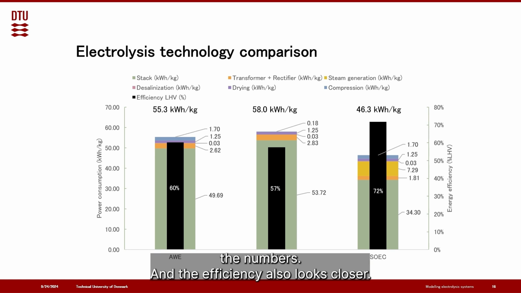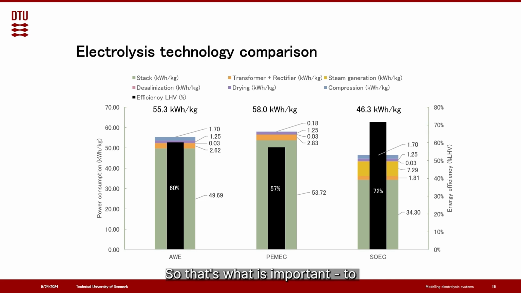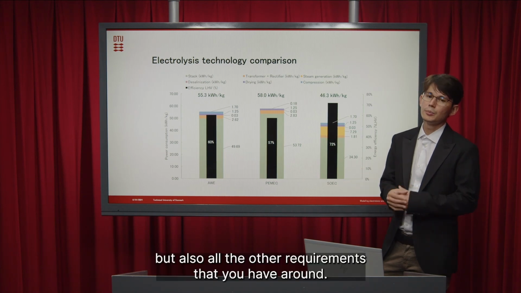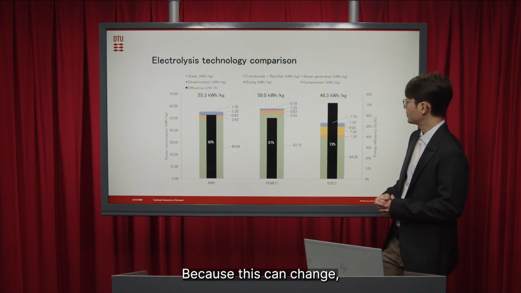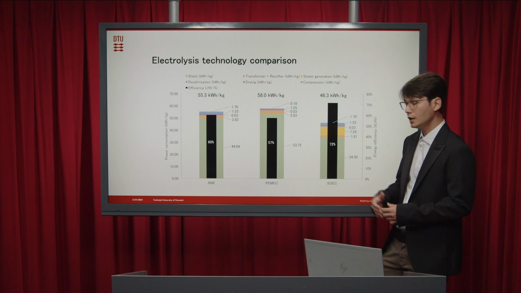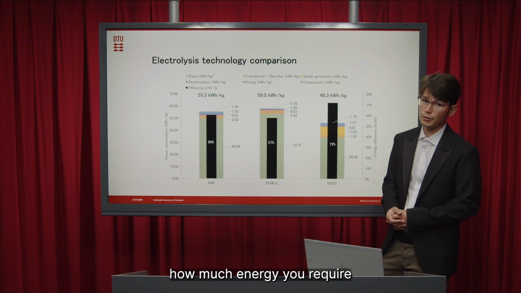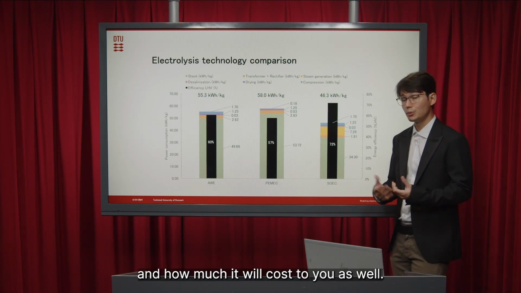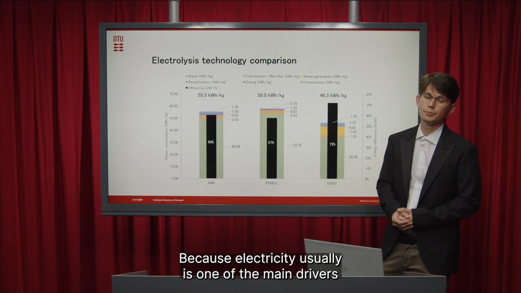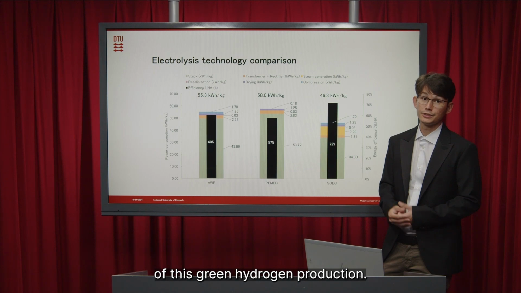And the efficiency also looks closer. So it is important not only to look at the stack, your reactor, but also at the other requirements that you have around it. Because this can of course change the picture of how much energy you require and how much it will cost you as well, because electricity is usually one of the main drivers of green hydrogen production.